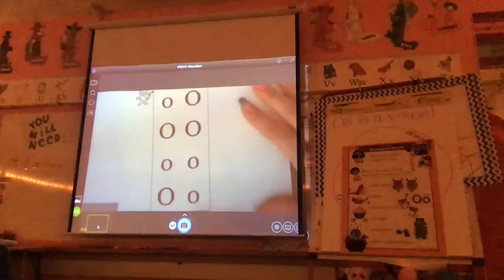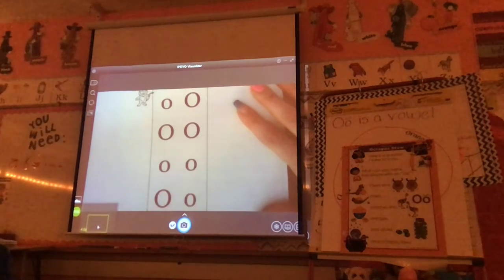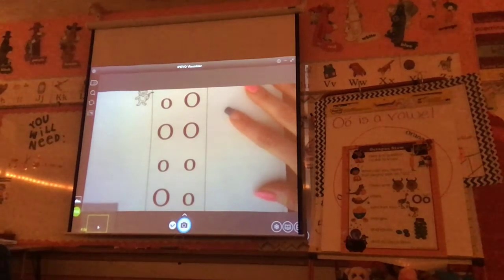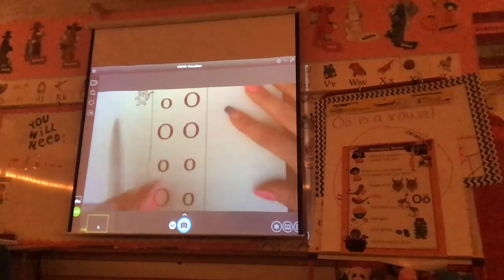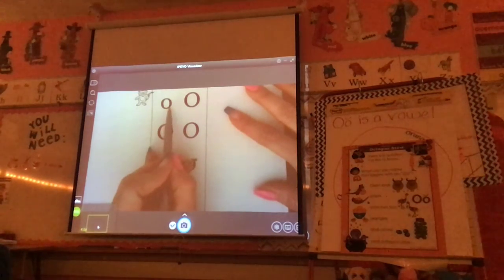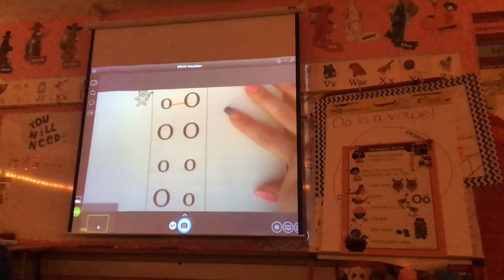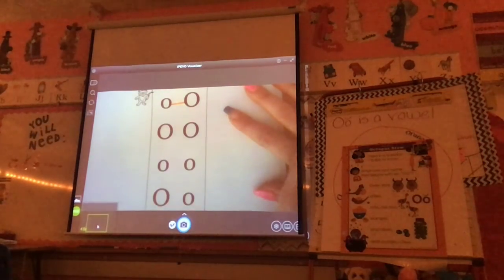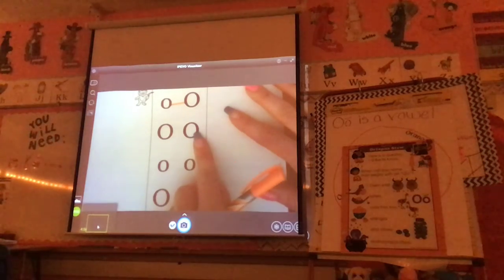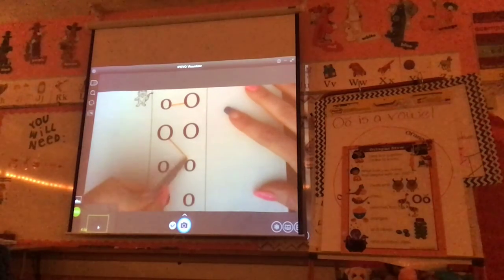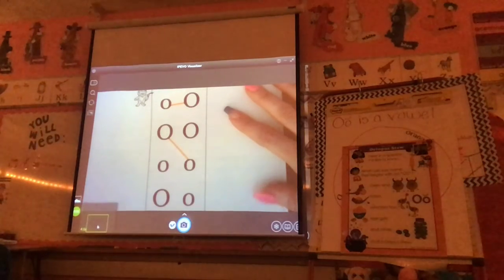Are you ready? The lion's tail's pointing to some. I can tell the difference between the two because the smaller one is lowercase, the bigger one is capital, since they do look alike. This one is my lowercase, so I need to draw a line to match it to my capital. Look at my next one though. I have a capital and a capital. Am I going to match a capital to a capital? No, I'm going to match a capital to a lowercase.